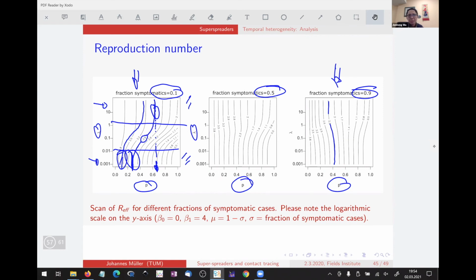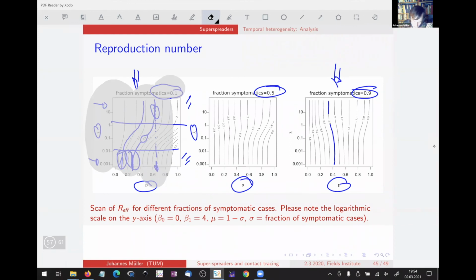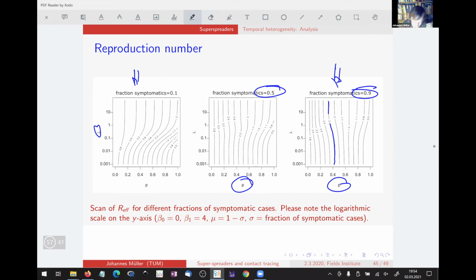I could imagine that's somehow coded in this graphic here, because lambda is basically scaling the size of the events, right?